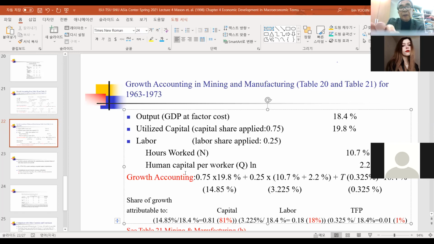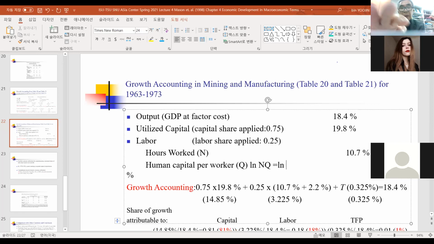So if you think of ln of N times Q, by the additive property of logarithm, you have ln N plus ln Q, right?